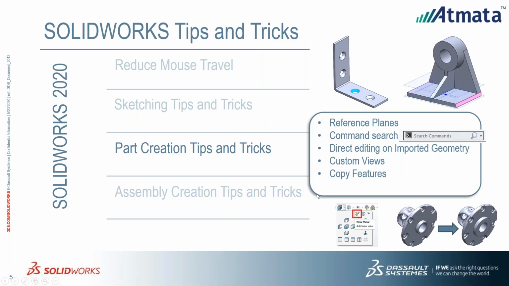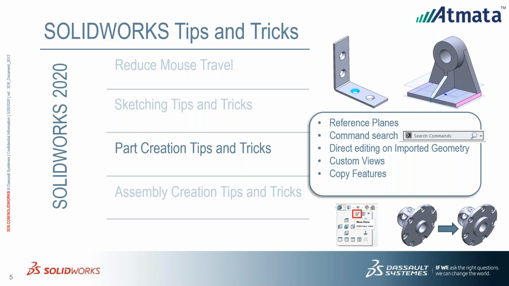In reference plane, I showed you there are two tips. One is how to create an offset plane directly from the plane: simply hold the control key and drag the plane away, and you will have your offset plane. And for creating a mid plane, you can select any two faces and the plane command, and you will have your mid plane.